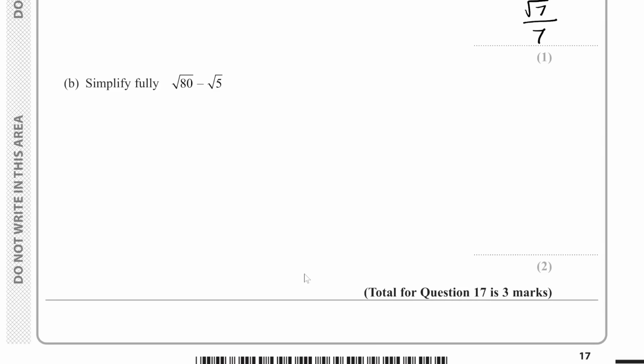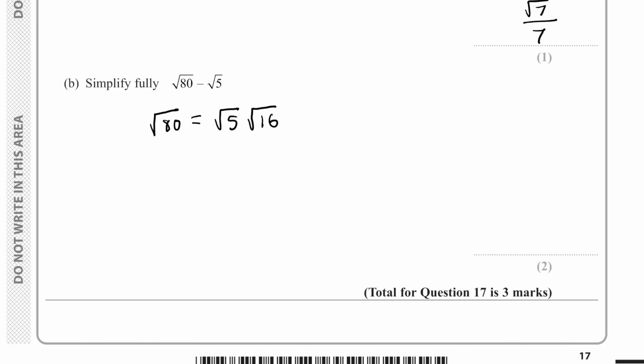Part B, simplify fully. Square root 80, take away square root 5. When we have square roots, we can split them up. So square root 80 is the same as square root 5 times square root 16. 5 times 16 is 80.